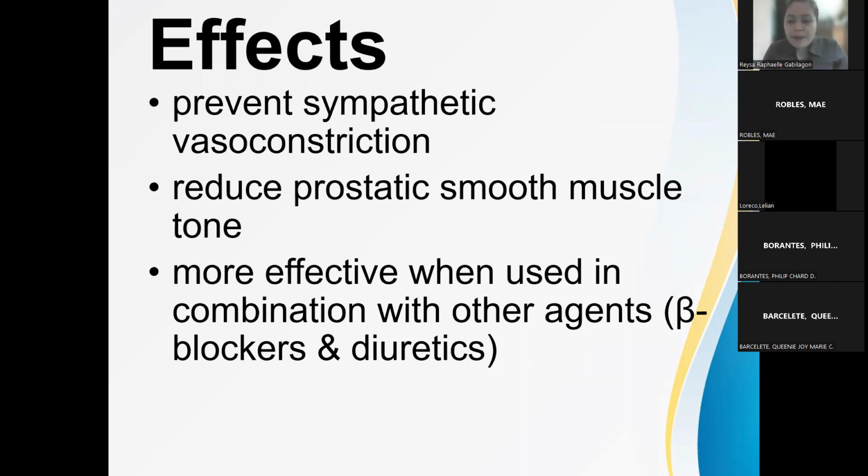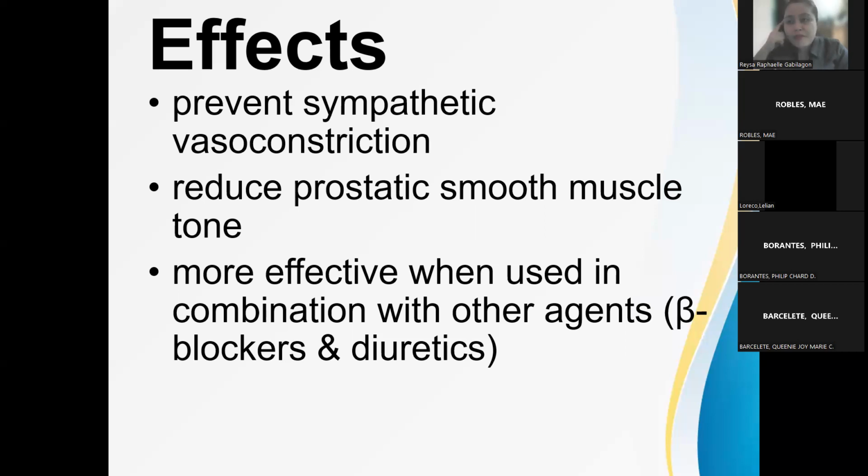Again, we don't combine drugs that have the same mechanism of action. Ang tawag dyan, pag kinumbine mo ang drug na the same ang mechanism of action is duplication. We don't do that in pharmacy. Kasi it has no additional effect, wala. Kasi parehas lang naman sila ng receptor, parehas sila ng mechanism of action.